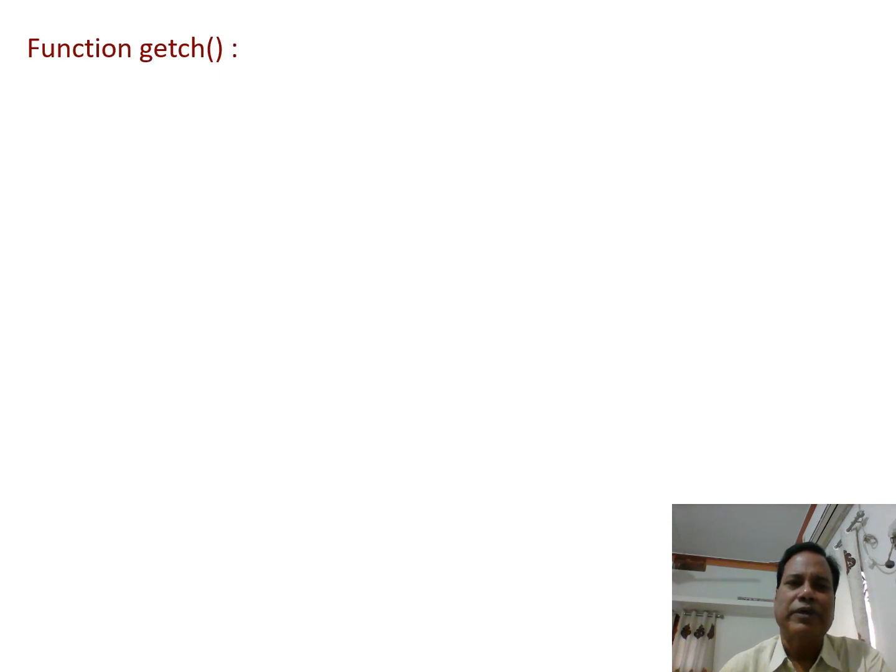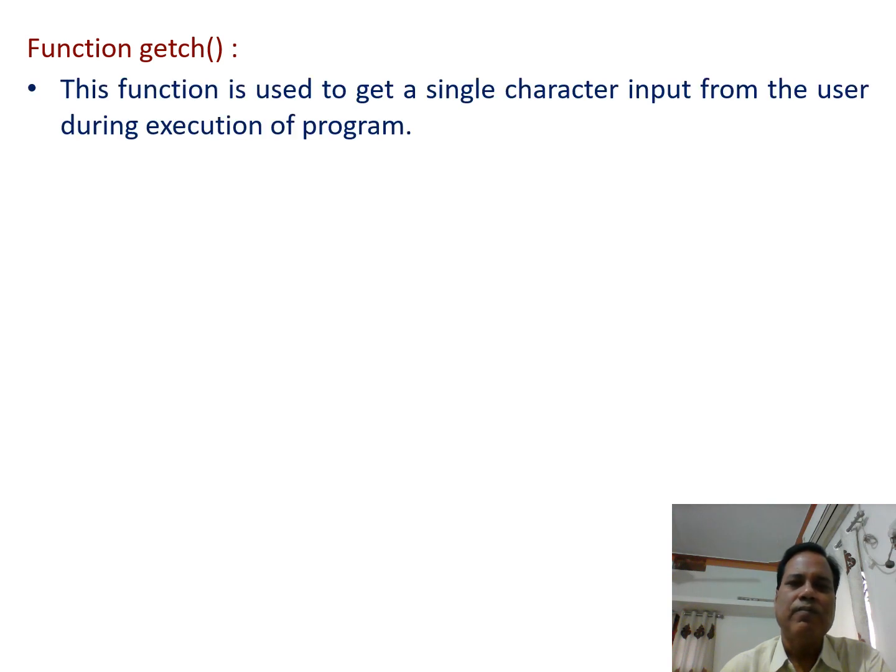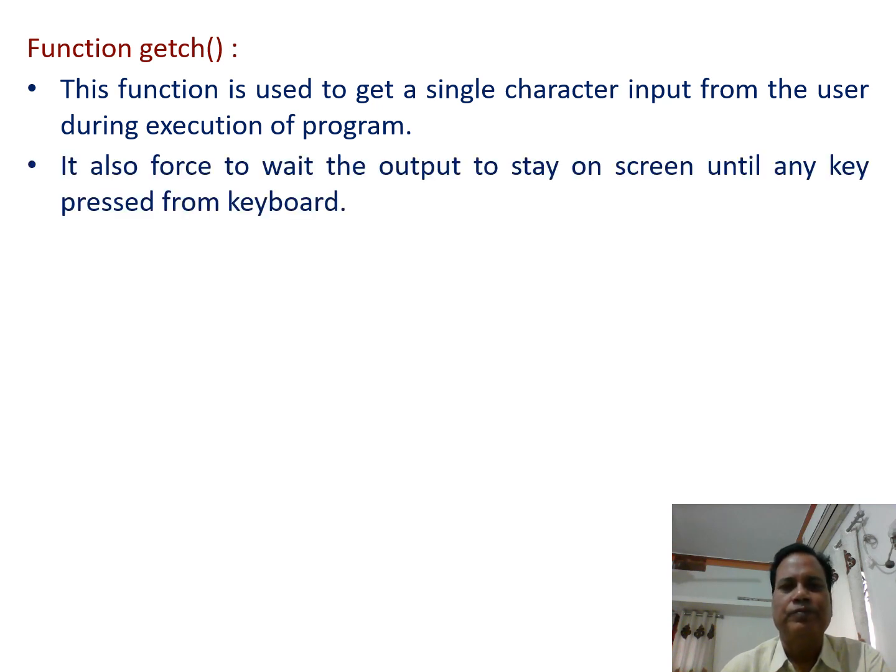Let us take the first function, getch. This function is used to read a character input from the user during the execution of the program. It also forces the output to wait on the screen until any key is pressed on the keyboard.